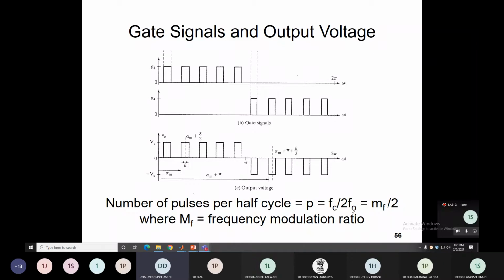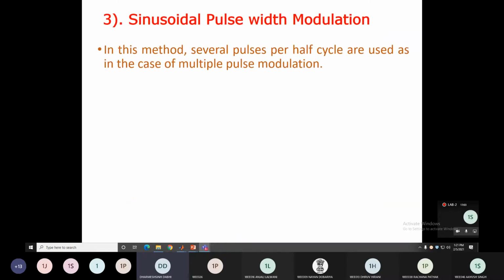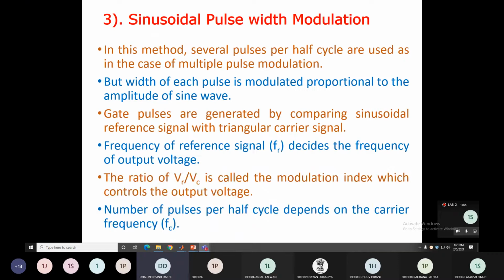Then P = 1000 / (2 × 50) = 10, so you get 10 pulses in one half cycle. This way you can calculate the number of pulses per half cycle depending on the carrier frequency. These three points are common in any of the PWM techniques.